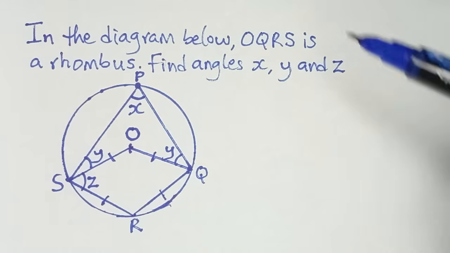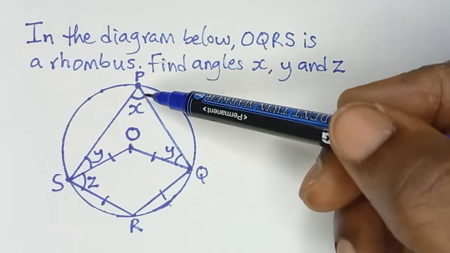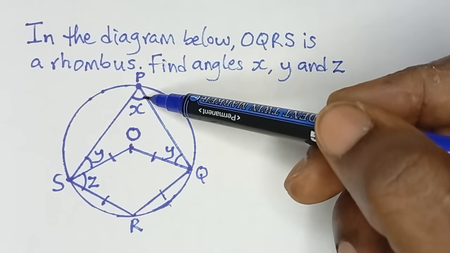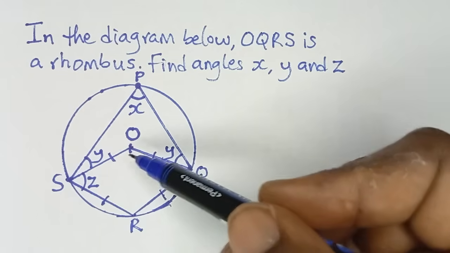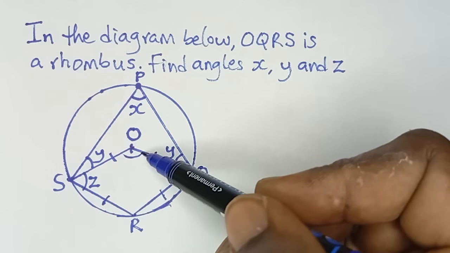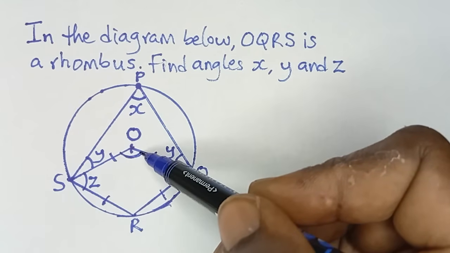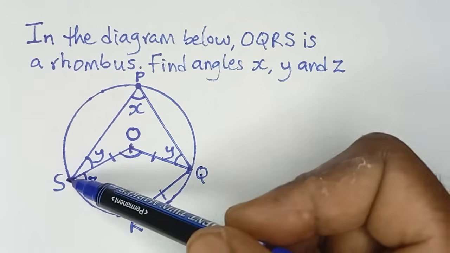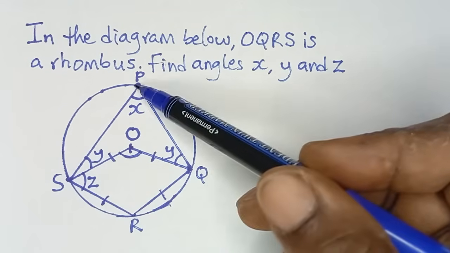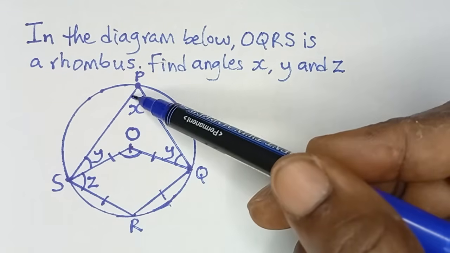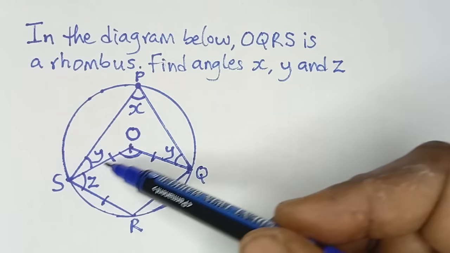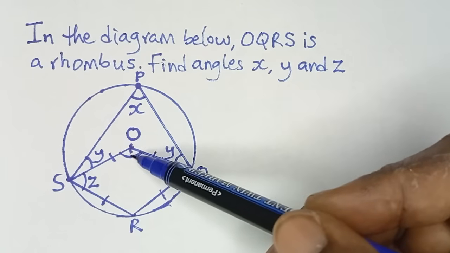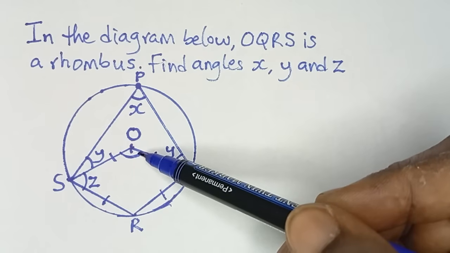So the first thing I'd like us to look at here is this angle at the circumference. This x is the angle at the circumference, and this angle here is the angle at the center. The points are coming from S and Q. I have these two lines to the circumference to give us x, and these two lines from the same S and Q to the center to give us the angle at the center.